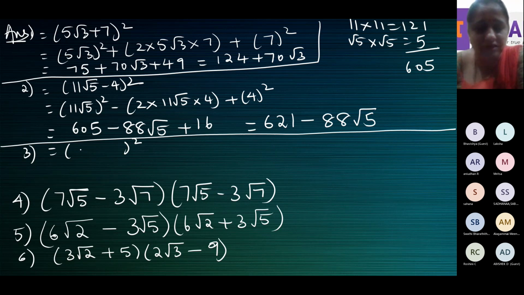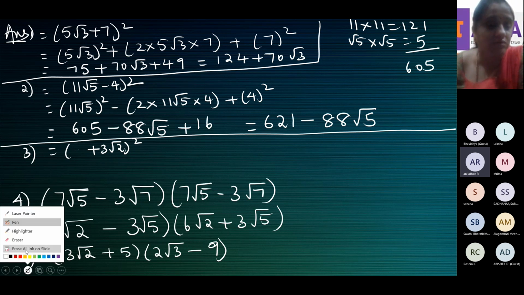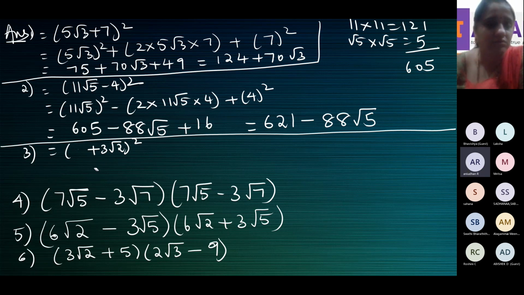Okay, I don't know why it's not clear. What is it here, Aniruddhan? Ma'am, 3 root 2 whole square plus 2 into 3 into 4.